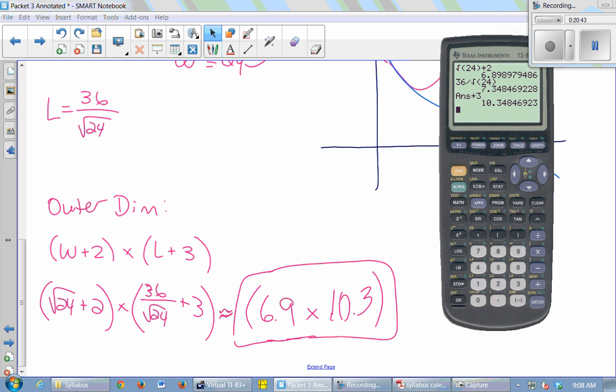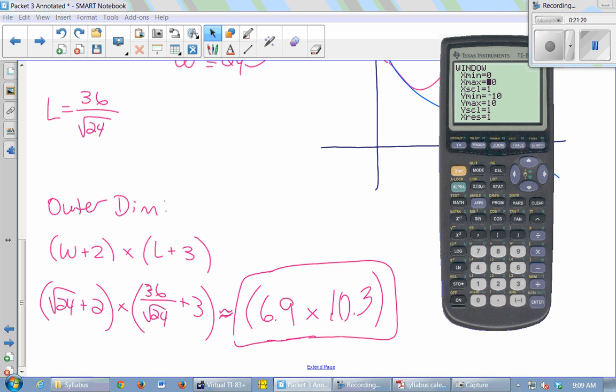All right, how can we check that that answer is correct? Okay, we'll just graph the function. So it was 36 over W plus 3 times W plus 2. And our domain is 0 to infinity. So I'll start at 0 and go, let's see, we found the minimum at 6.9.